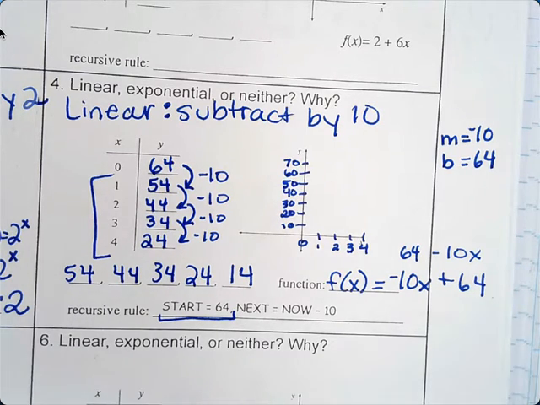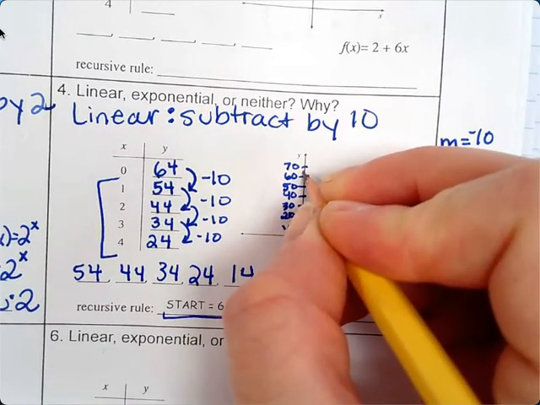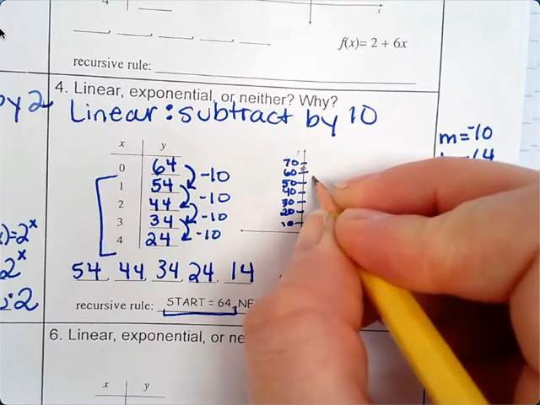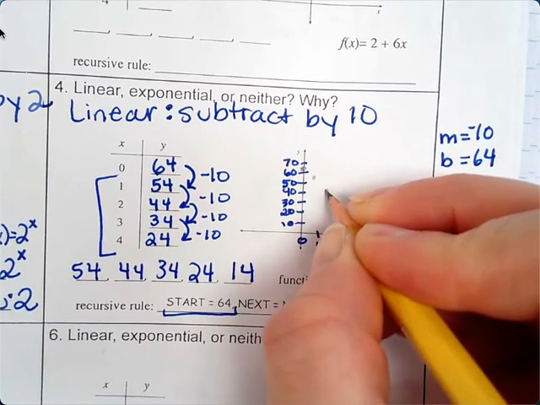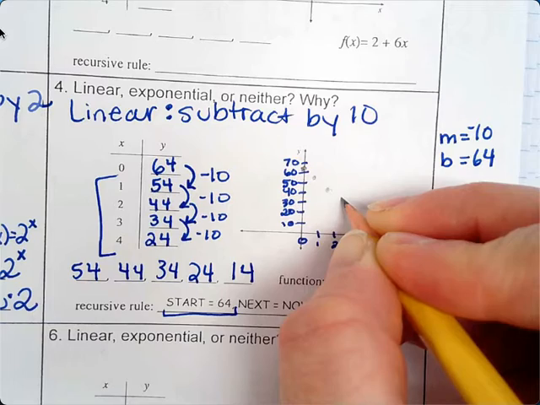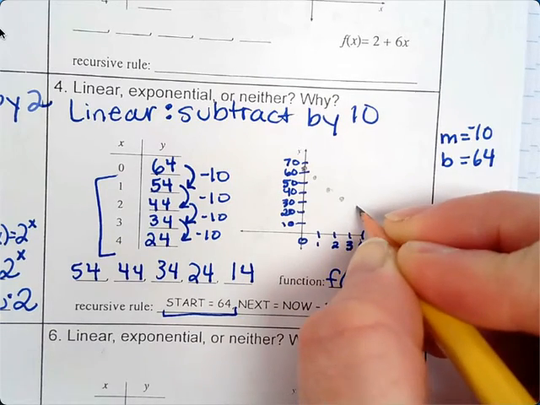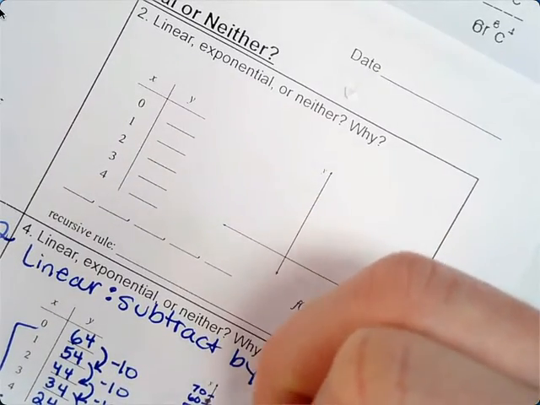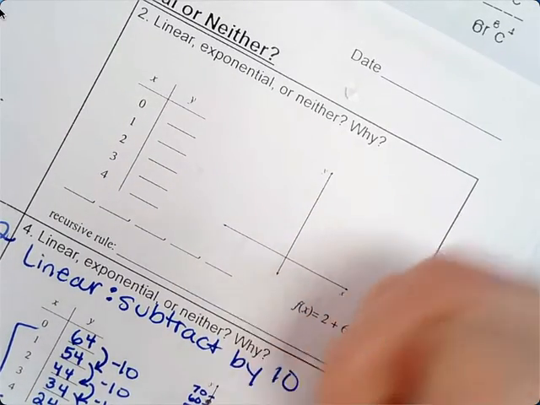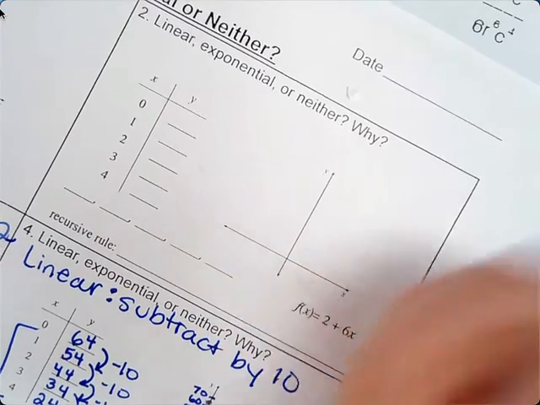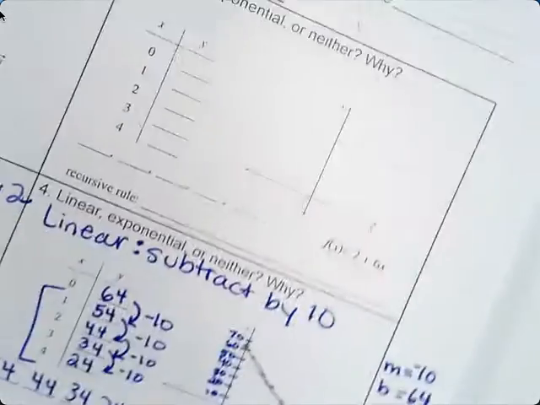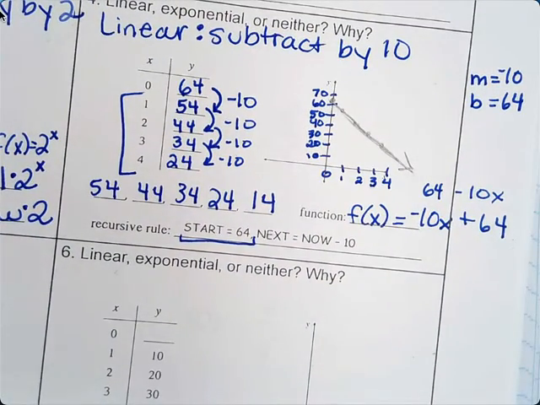All right, so graph it. So 0, 64, 1, 54, 2, 44, 3, 34, 4, 24. And when we connect it, it should look linear. And it is a decreasing function, as it has a negative slope.